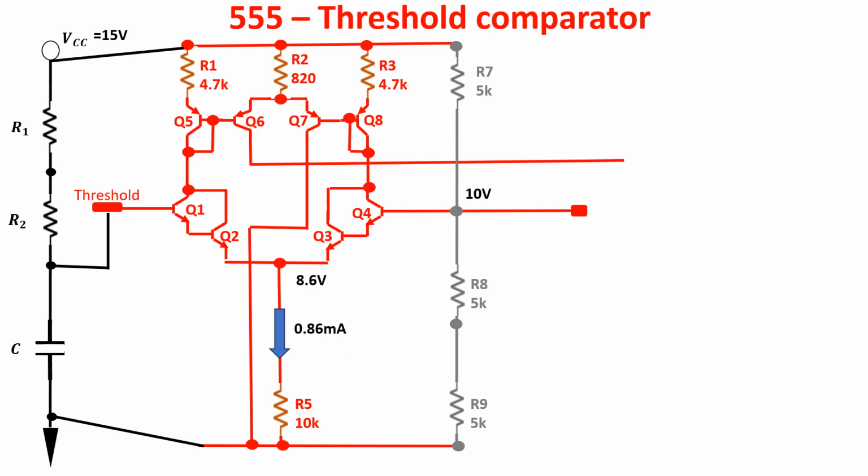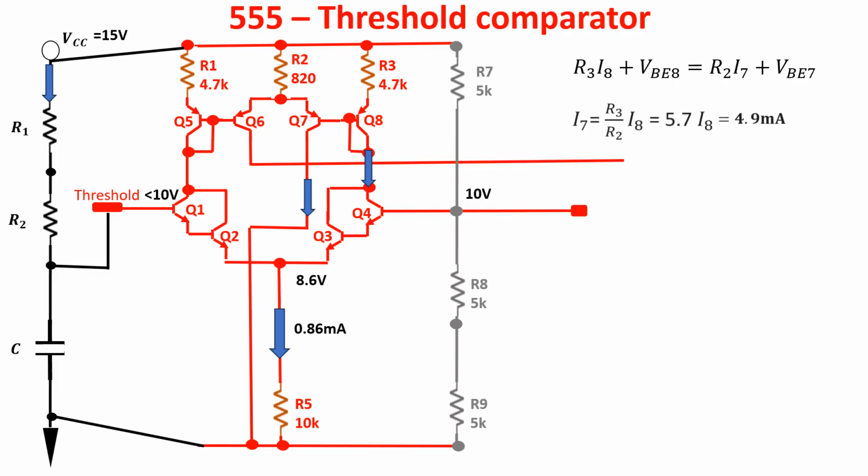If the threshold voltage is below 10 volts, all the current flows in the right branch and it is mirrored in Q7 according to this relationship. The current in Q8 is equal to 0.86 mA, the whole tail current of the Darlington differential pair. So the current in Q7 going to ground reaches 4.9 mA.